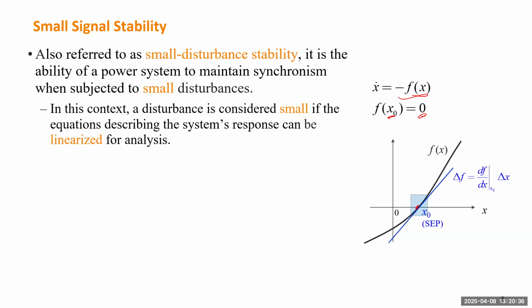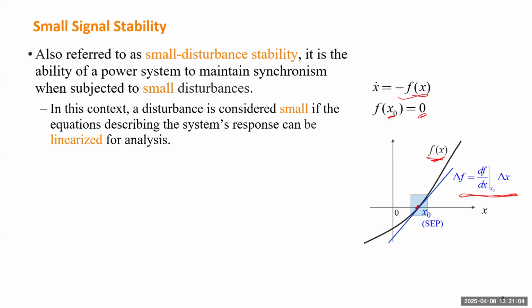So if you are only interested in a very small neighborhood of the equilibrium point, for instance, this very small blue rectangular area, and you study how the system responds to any small disturbance in this area, you can linearize this vector field by the first order derivative at the equilibrium.